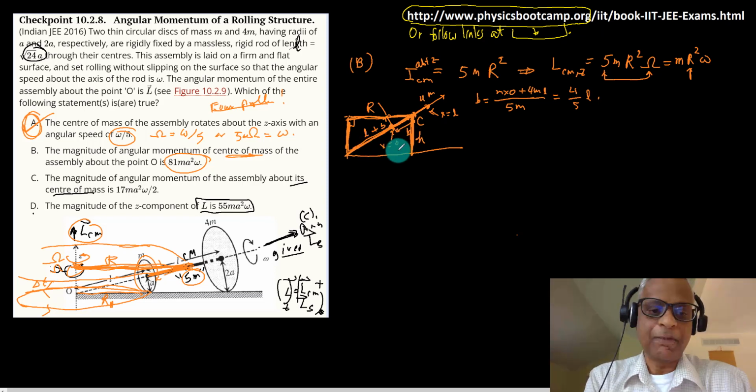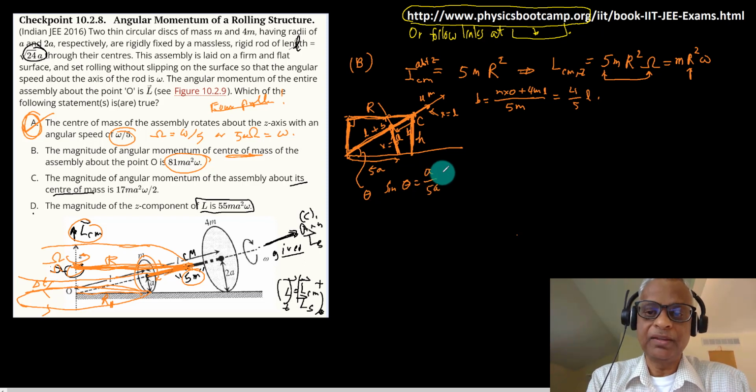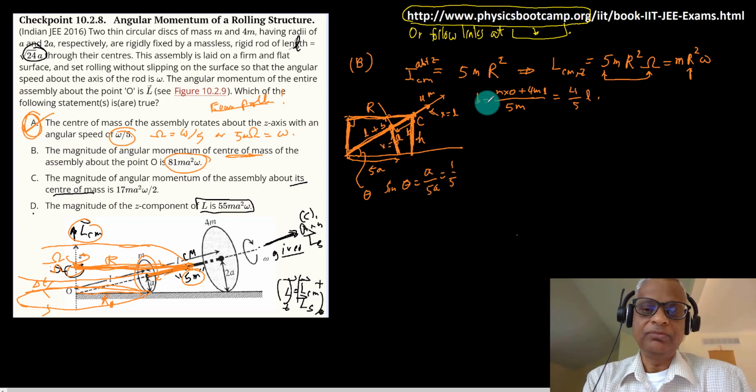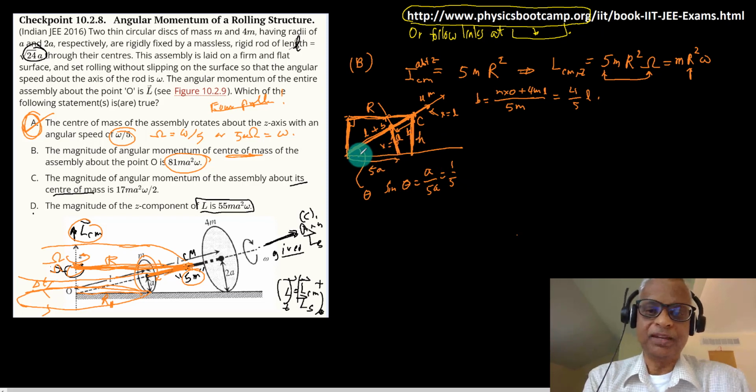So over here we have A, and this distance was 5a. So this angle theta, sine of theta will be a over 5a, so 1 over 5. So this theta, and this one is L plus B, then H will be L plus B times sine theta.